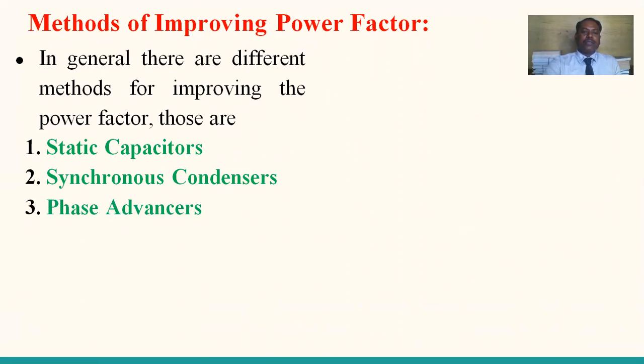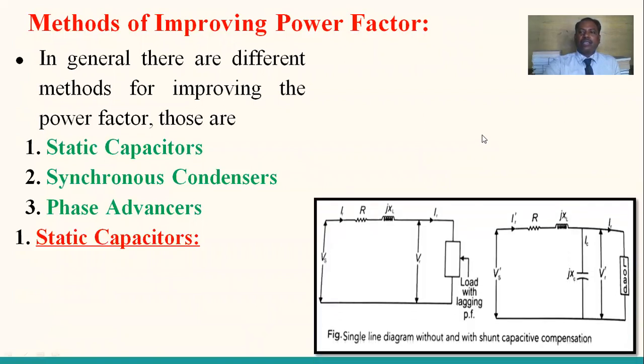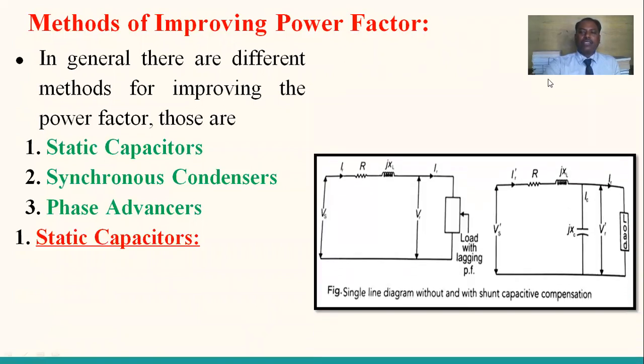So these are all the different kinds of techniques to improve the power factor. So let us start from the static capacitors onwards. Let's see here, what is the static capacitor?